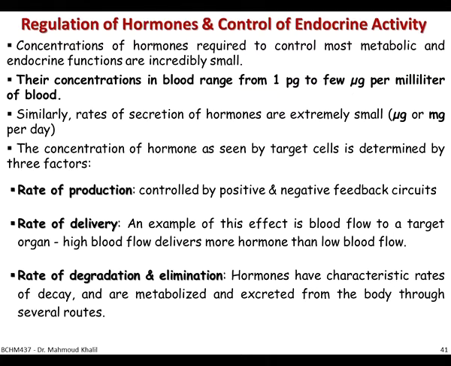Once the hormone has done its function, it needs to be degraded, and these hormones are metabolized and excreted from the body through different routes. So again, the concentration of the hormone sensed by the target cell is determined by 3 factors: the rate of production, the rate of delivery, and the rate of degradation and elimination.